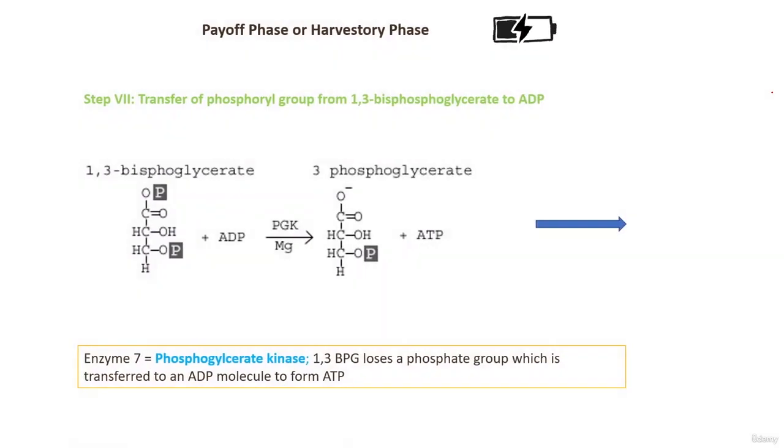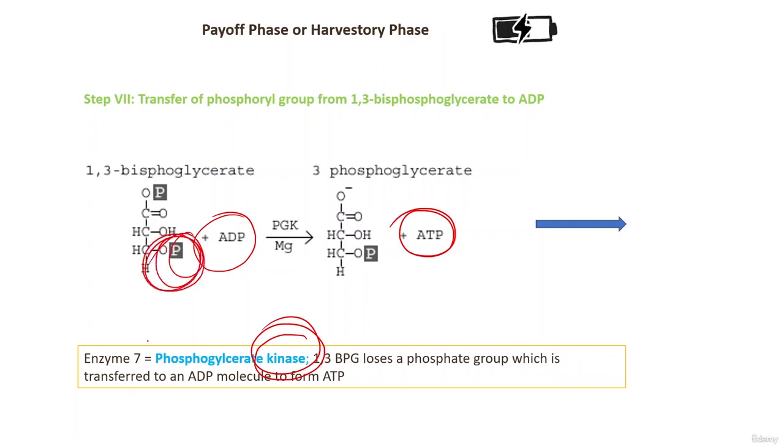Next is the transfer of a phosphoryl group from 1,3-bisphosphoglycerate to ADP. Here we are again getting ATP, using phosphoglycerate kinase. 1,3-bisphosphoglycerate loses a phosphate group, which is transferred to an ADP molecule, forming ATP.